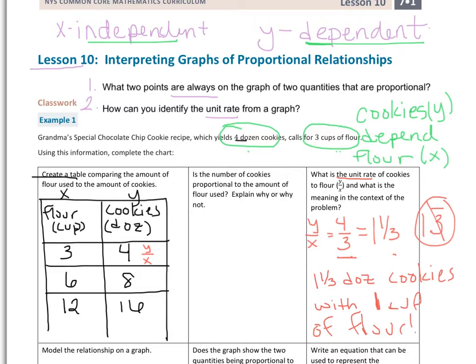I kind of skipped over this question here. It says, is the number of cookies proportional to the amount of flour used? Explain.